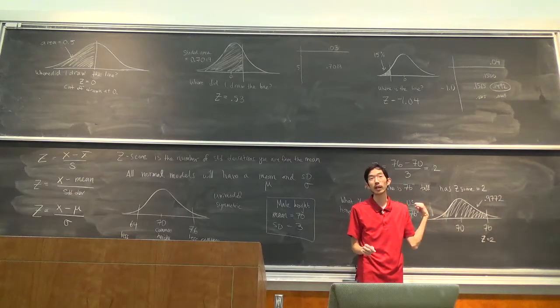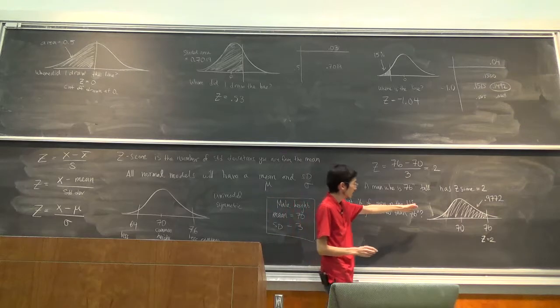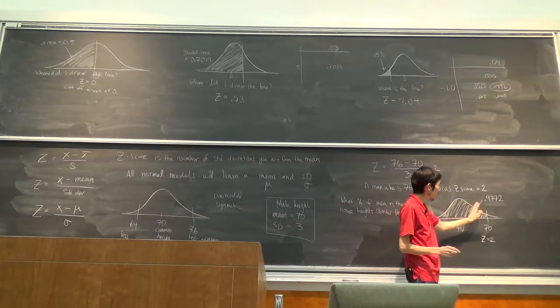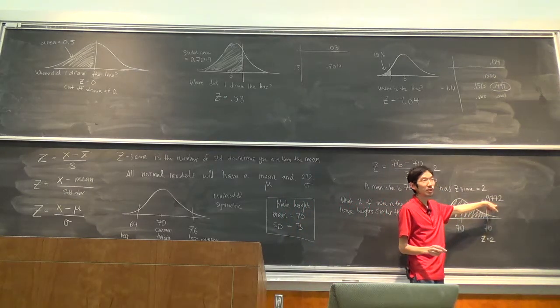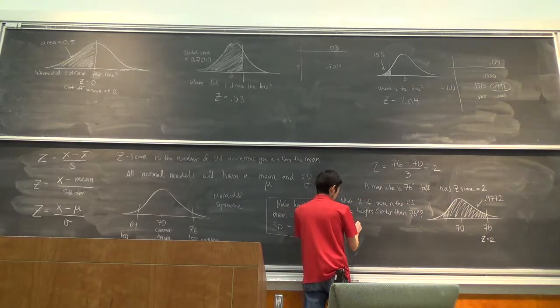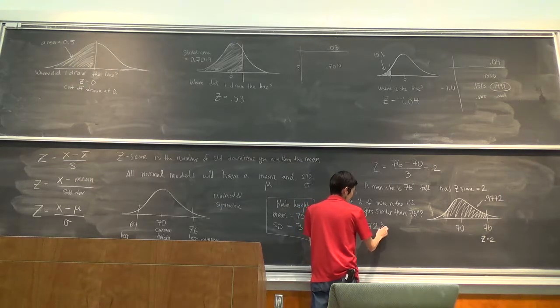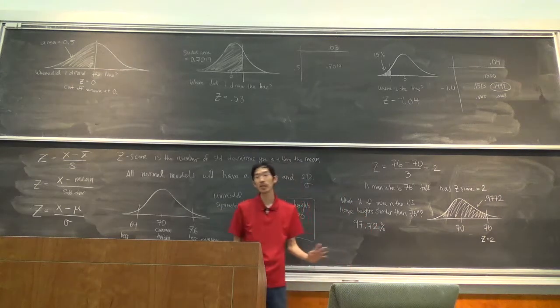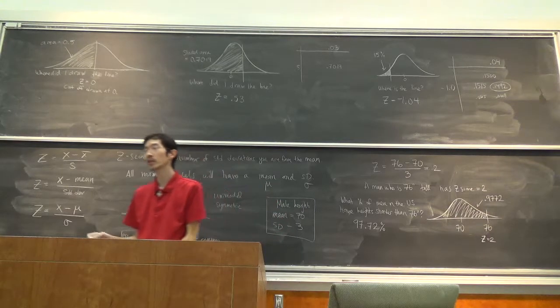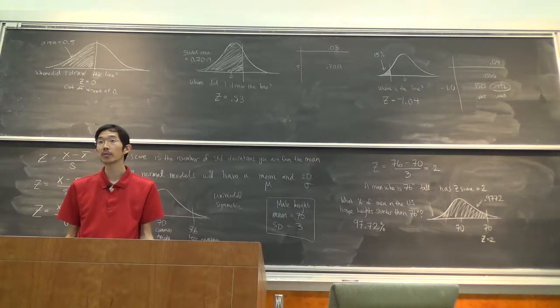I'd be shading to the left, right? Shorter than 76 inches. So my answer is just going to be the area to the left. And so my answer is 0.9772, or in percentage that would be 97.72%.